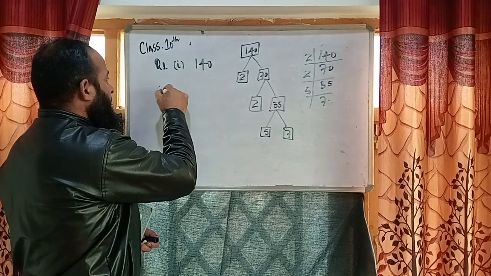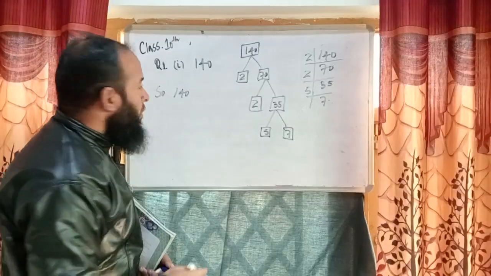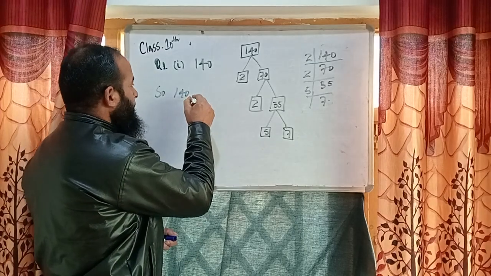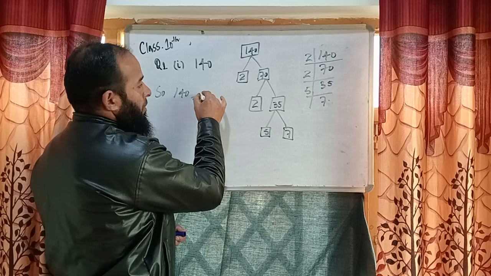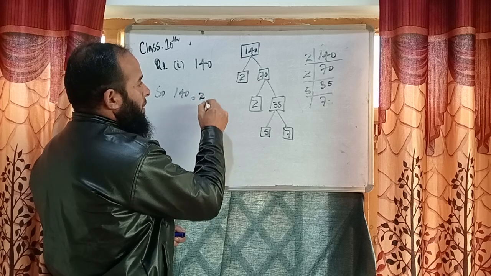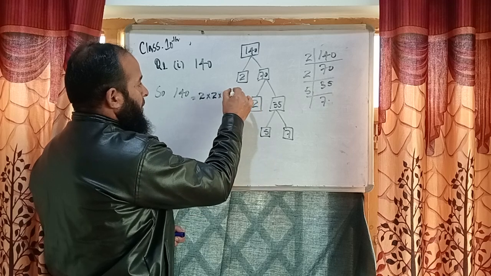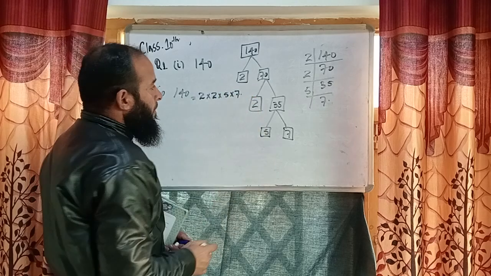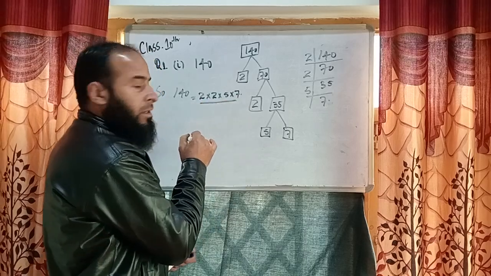So the prime factors of 140 are 2 cross 2 cross 5 cross 7. These are the prime factors.